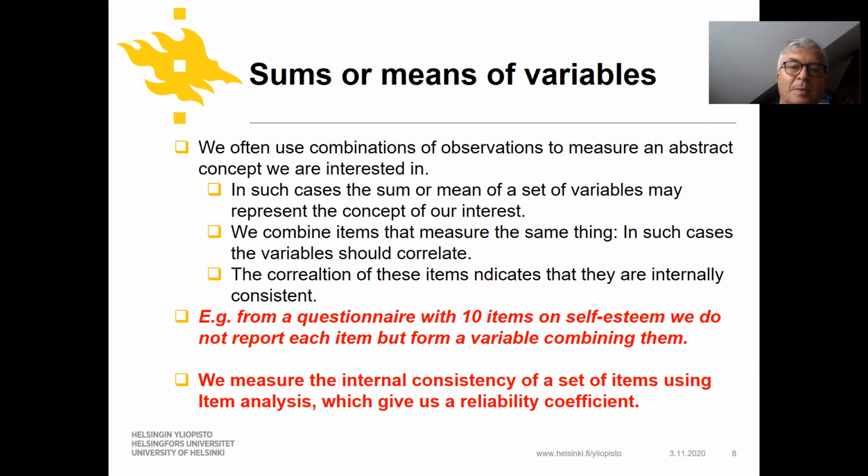We use sums or means or other combinations of certain variables, and there's a reason for that. We often combine observations, or items in a test, or the answers in a questionnaire, and we use, as in the previous picture, several questions, several items to try to get at the essence of what is going on, the essence of our concept.